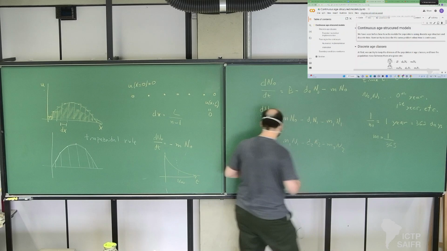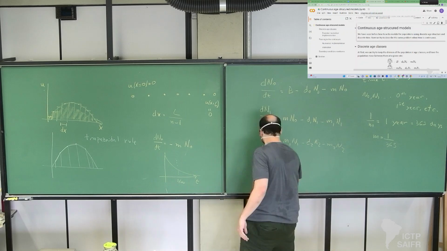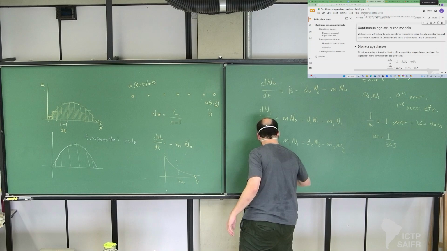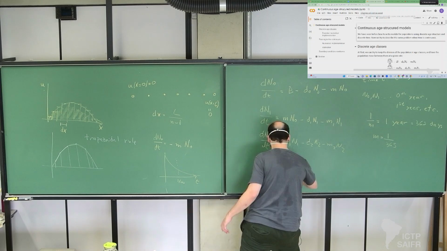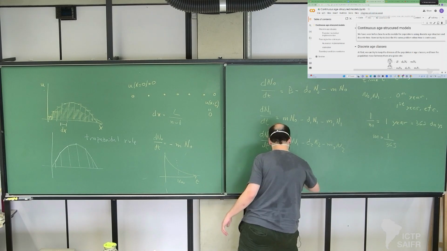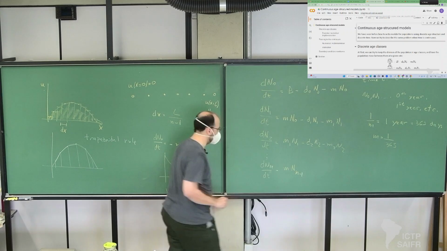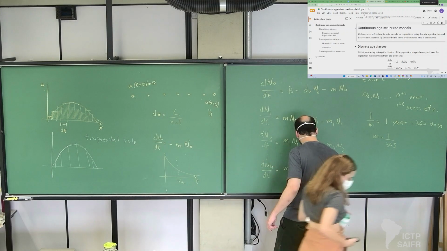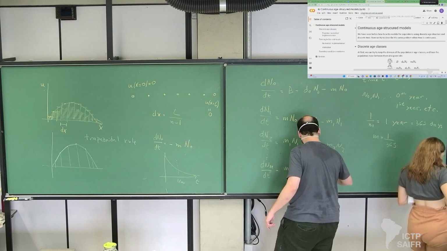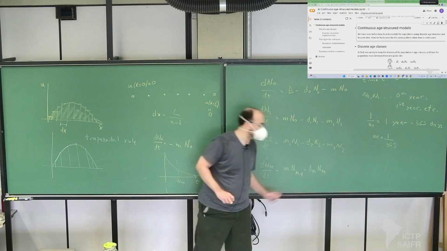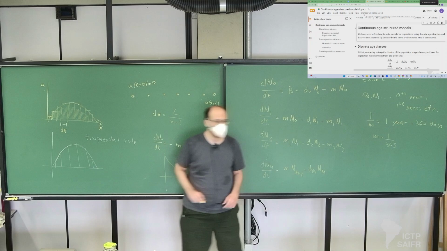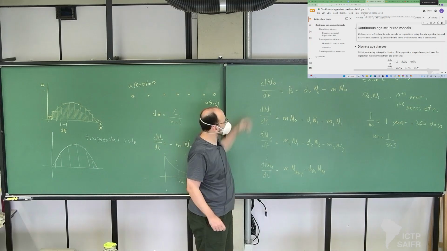I will stop at some last class, but the equation is going to be exactly the same: the previous one minus the mortality of the last class, and I don't have it aging into a different compartment. So I have a system of m plus 1 equations, but they're pretty simple.